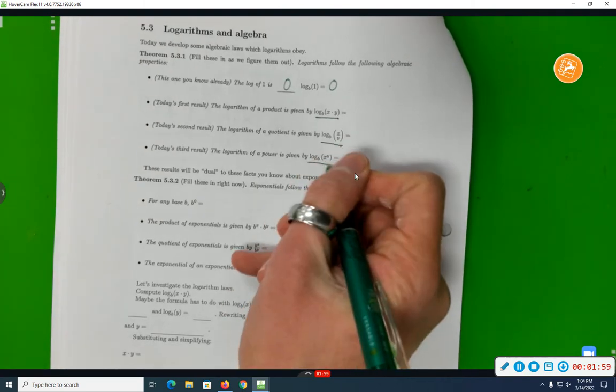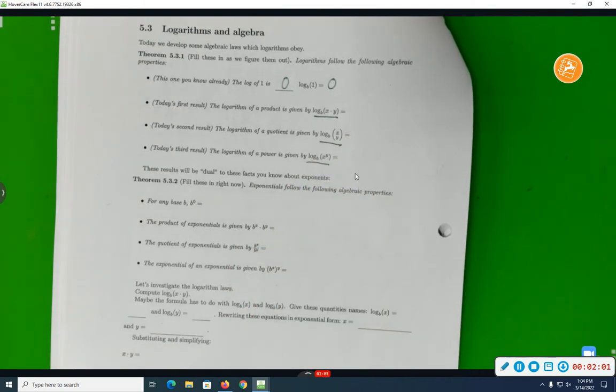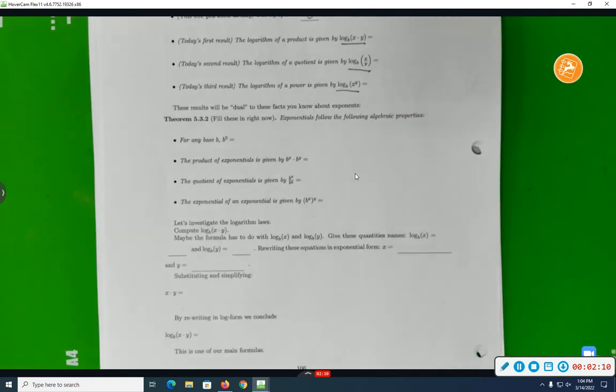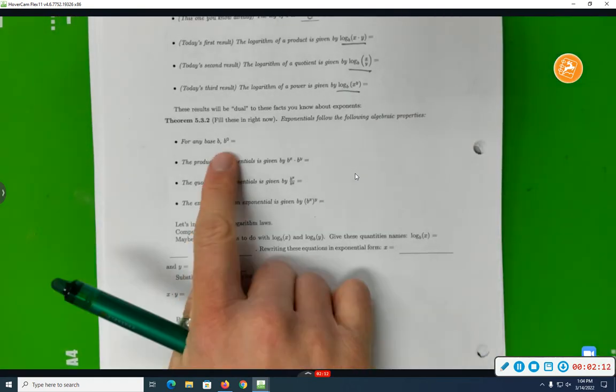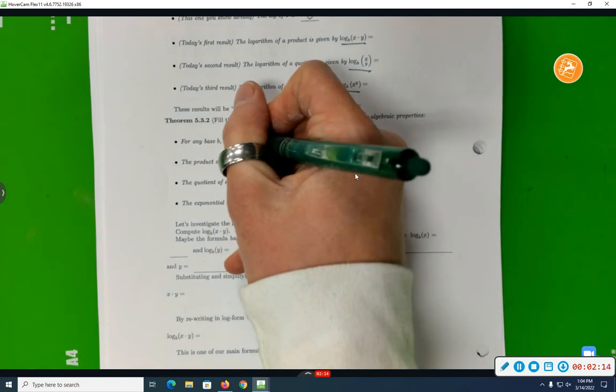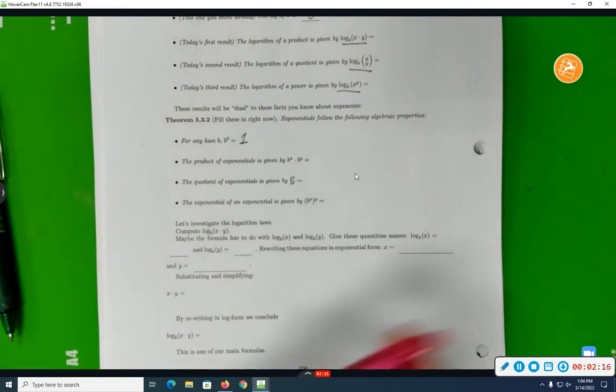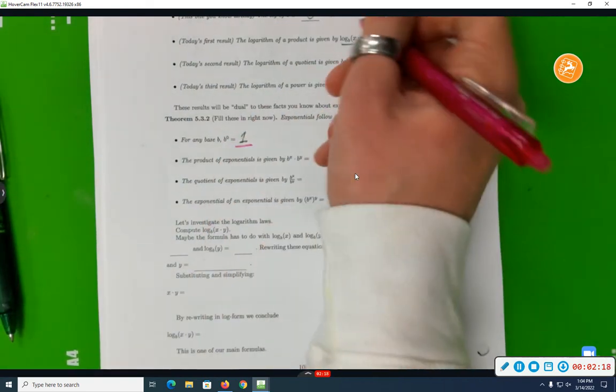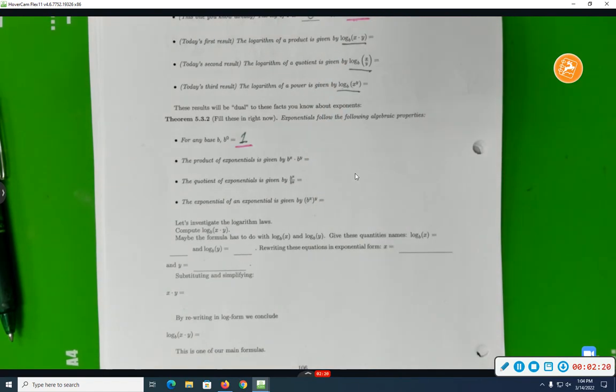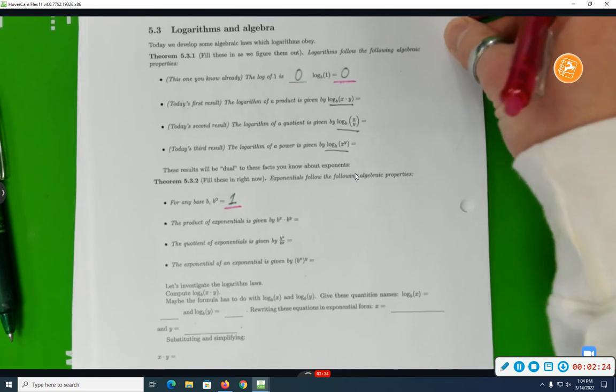The log of a power is equal to something. So those are, if you like, the main logarithm laws to think about. And each of them will come from exponential laws. For any base b, b to the 0 is equal to 1. And this had a lot to do with that. They're in some sense the exact same fact, those two underlined in pink.